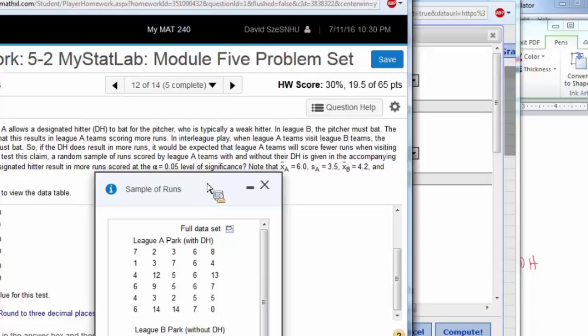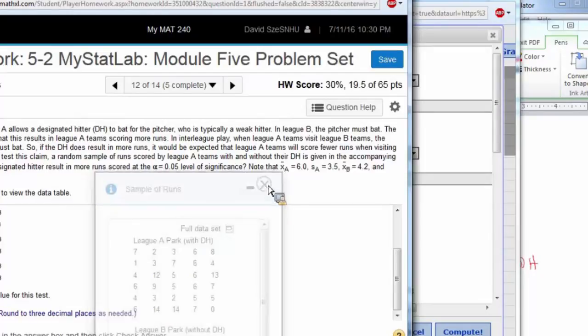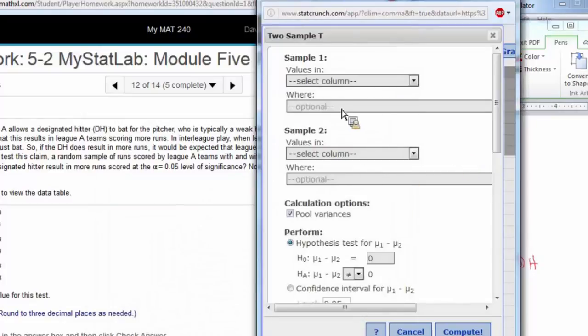Yeah, it is the National League, American League thing. Okay, so League A park with designated hitter, without designated hitter, and the designated hitter is going to be larger than without.